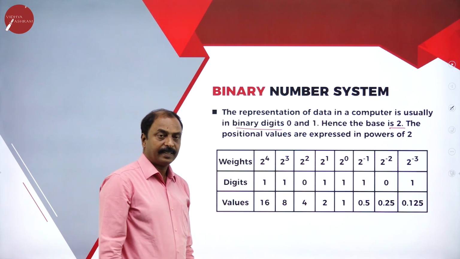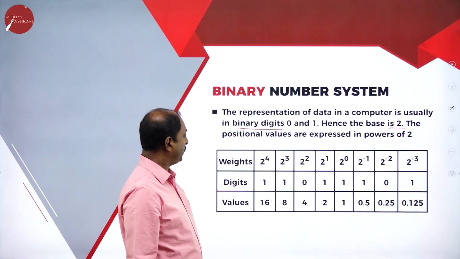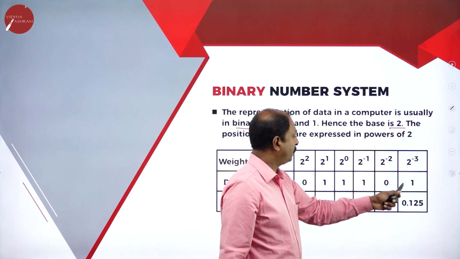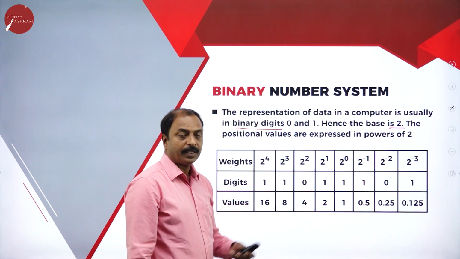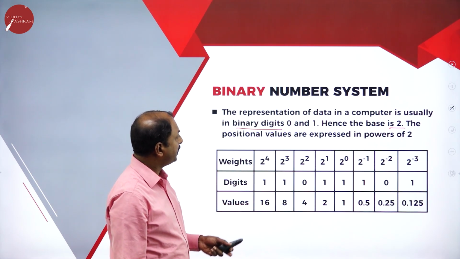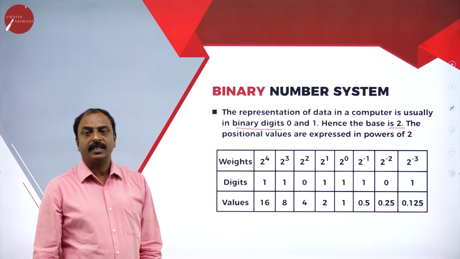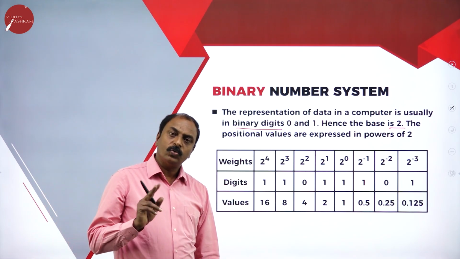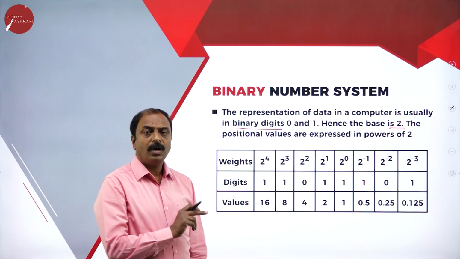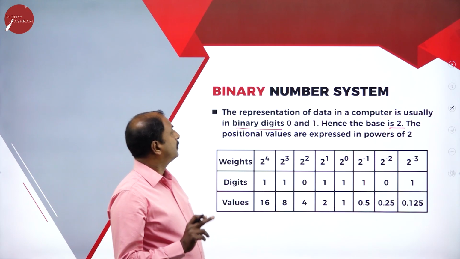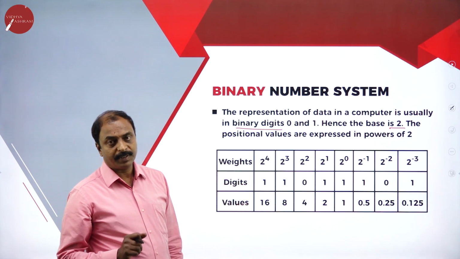Now consider an example: 1, 1, 0, 1, 1, 1, 0, 1. Observe this. A binary number system consists of only two values, either 0 or 1, or a combination of them.